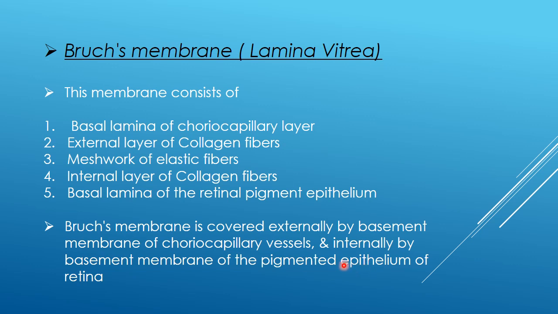So in between the choriocapillary layer and the basement membrane of the pigment epithelium, there are 3 layers: collagen fiber, elastic fiber, and then again collagen fiber. Along with the basement membranes, these 5 layers make up the Bruch membrane or lamina vitrea, which is the innermost layer of the choroid, separating it from the underlying retina.